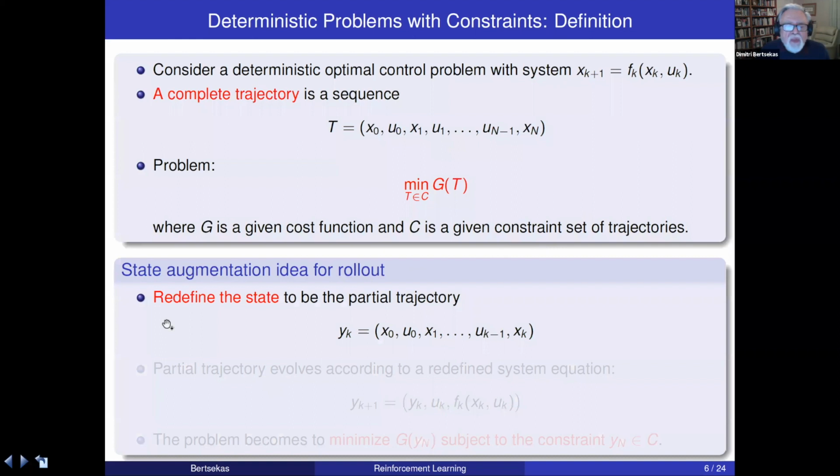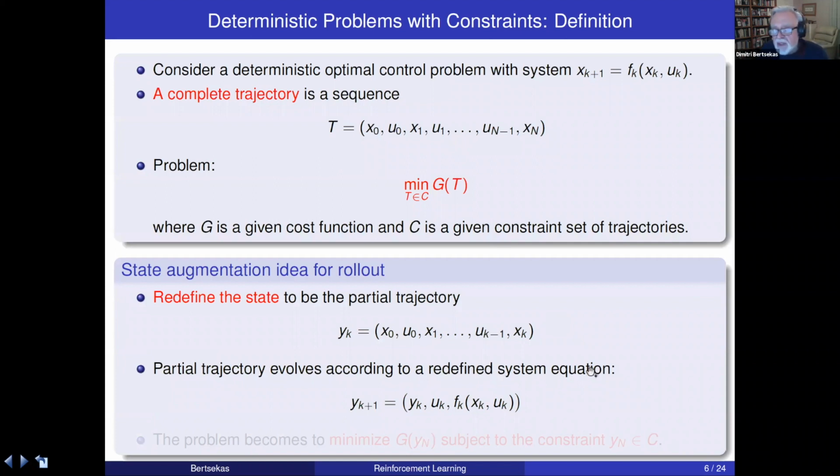So we turn to the idea of state augmentation, and we redefine the state to be at time k the partial trajectory, everything that we have chosen so far. And now this partial trajectory evolves according to a dynamic system, like so. The new partial trajectory is obtained from the old one by adding uk and the new state.